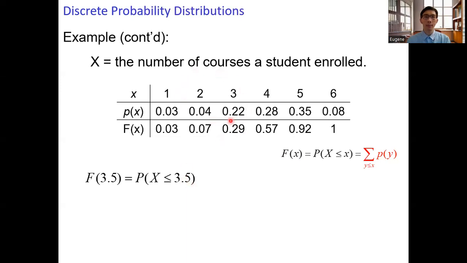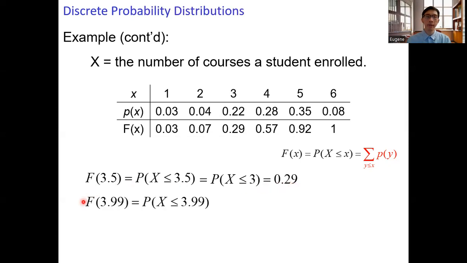And in our example, the event X less than or equal to 3.5 is the same as the event X less than or equal to 3. So we simply compute the probability that X is less than or equal to 3, and the corresponding value is 0.29. So the CDF evaluated at X equals 3.5 is 0.29.